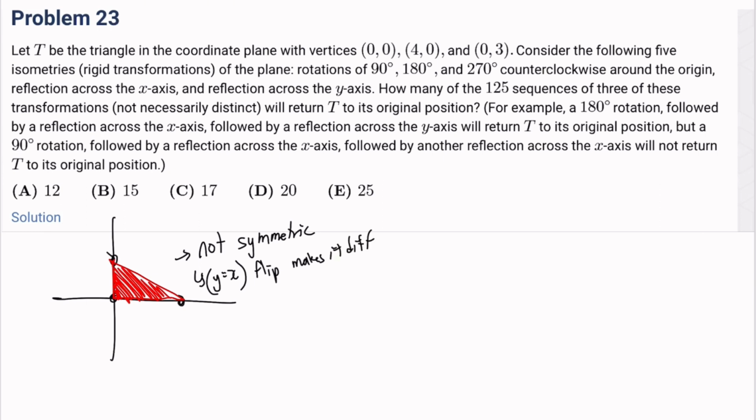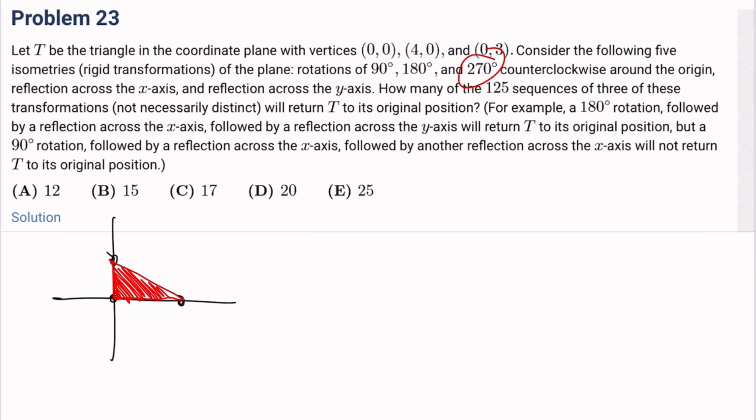So since we have that, now we can just go on with finding the number of possibilities. Since it said how many of the 125 sequences, we are just looking for how many possibilities there are and not what the probability is. First of all, we can see that 90 degrees counterclockwise is equal to 270 degrees clockwise, and 270 counterclockwise is equal to 90 degrees clockwise.